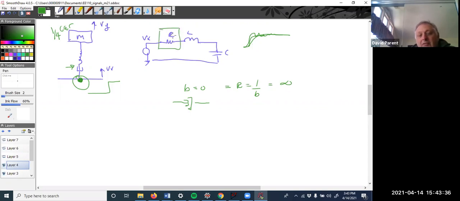And then this resistor would just be disconnected. Right? And we have this, and nothing's going to happen, right? If this no longer passes Vx onwards, well, then it might as well not be there. Okay.